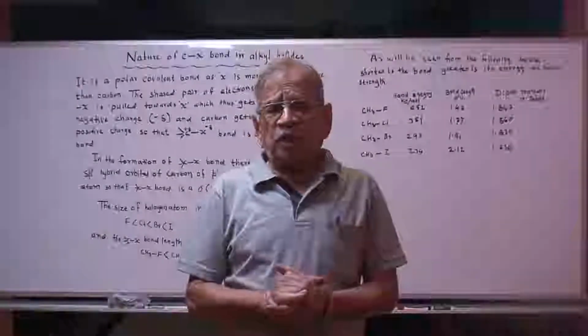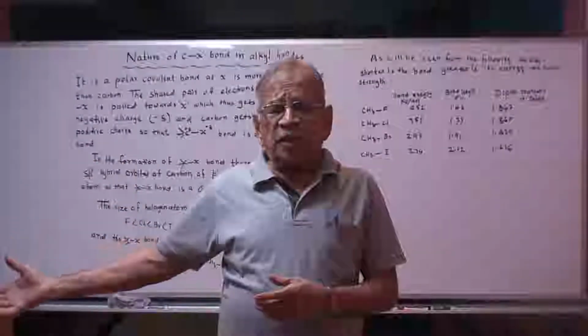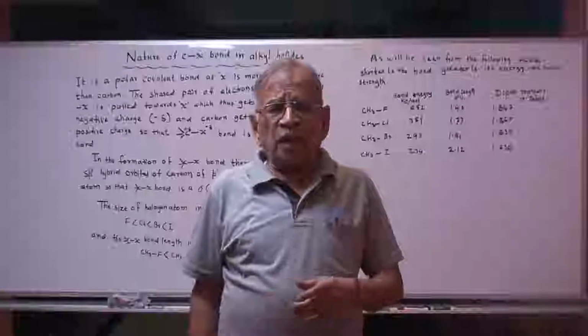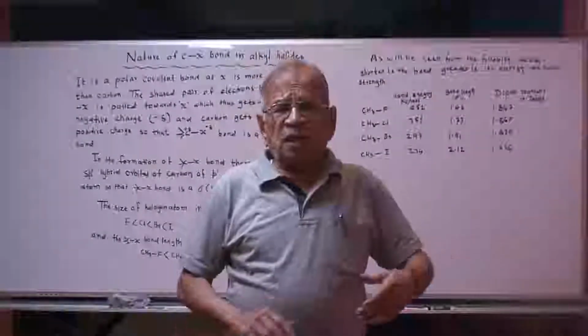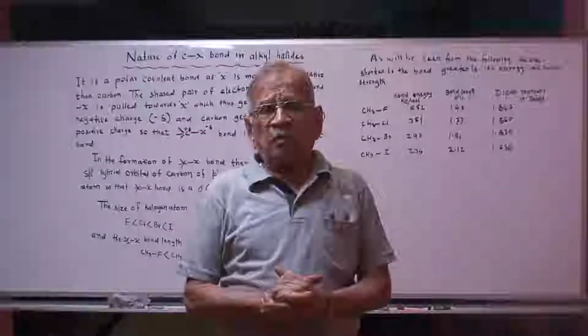Suppose that I am the shared pair. On this side there is the carbon atom of the alkyl group, on that side there is the halogen atom.